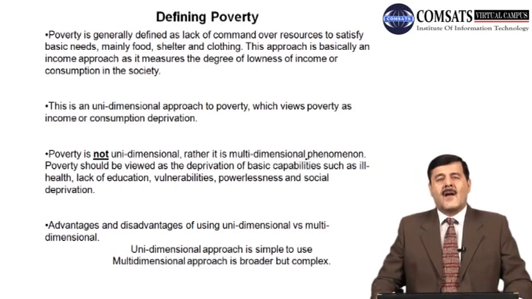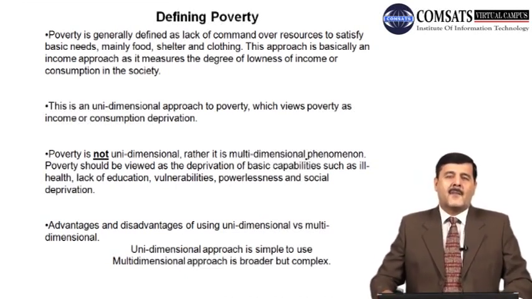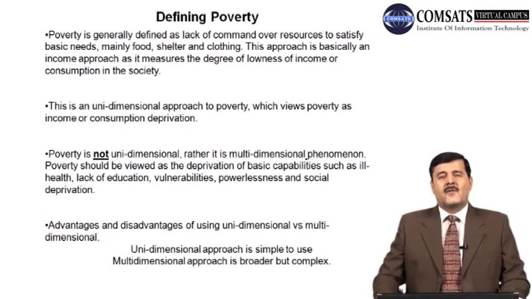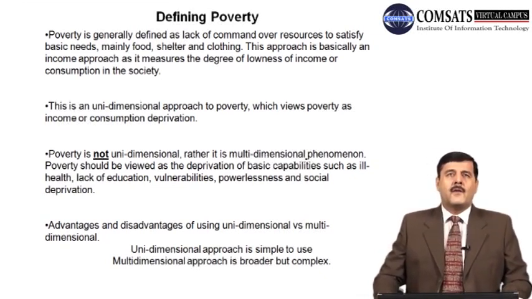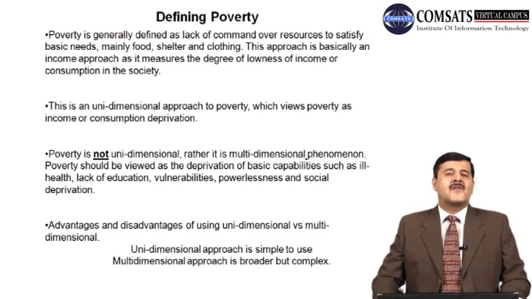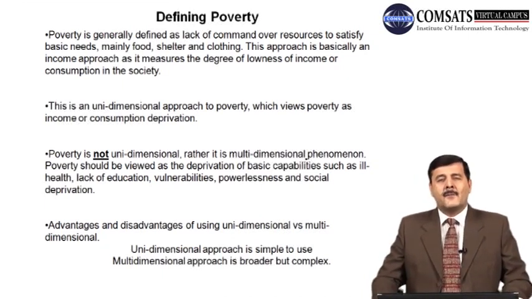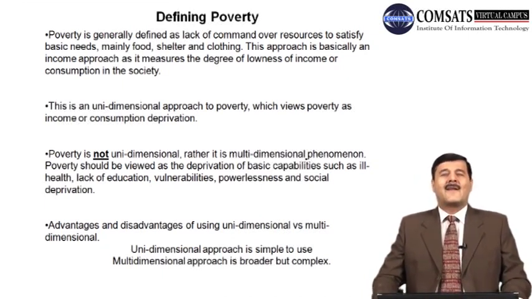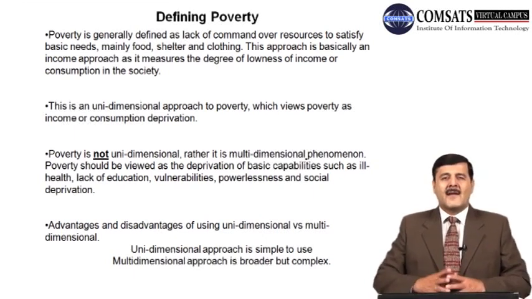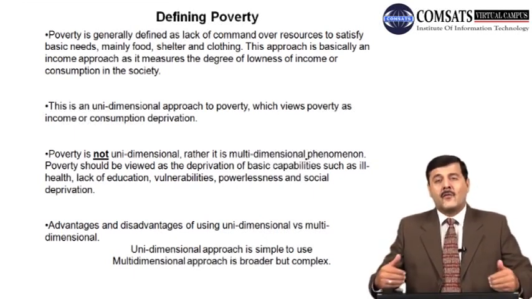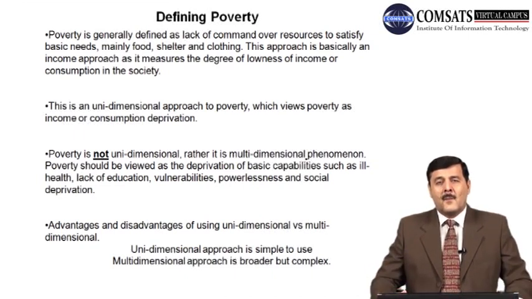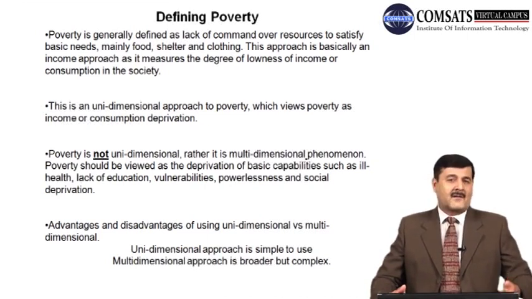So simply, if you want to define poverty by using the unidimensional approach, those individuals who have low income, low consumption are considered poor. But if we talk about the multidimensional approach, it is broader but complex, in which we talk about income, consumption, but we also discuss the basic facilities available to the society, in terms of education, health, sanitation, drinking water, social services and so on.